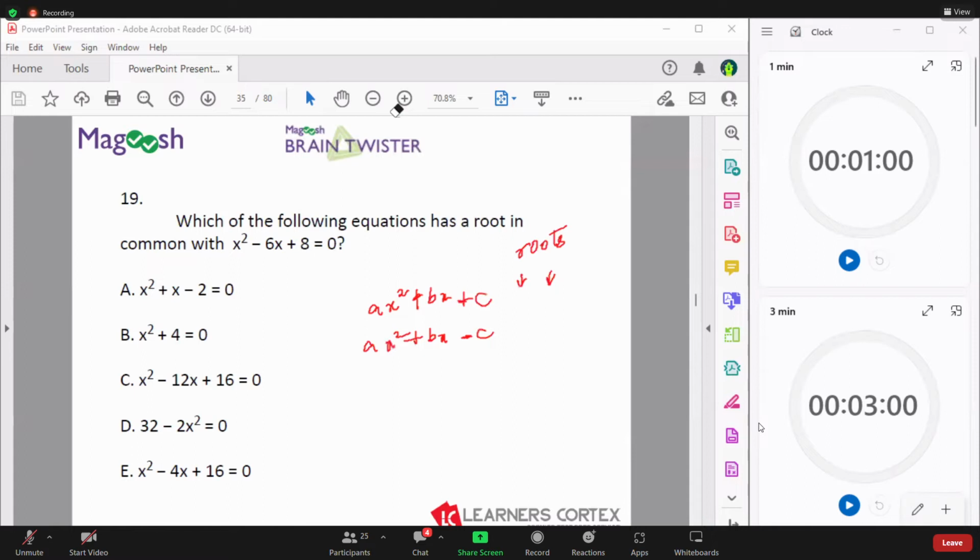Yes, sir. For quadratic equations, you will only have to try either splitting the middle term, or you need to remember how the nature of the roots will be. Okay, so if it is ax square minus bx and it is plus c, then one root would be negative and one would be positive.